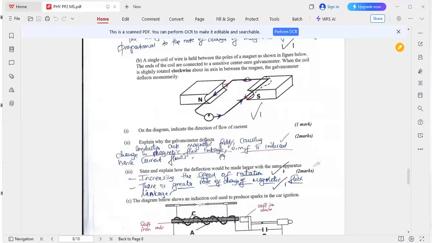That is a marking point. Change in magnetic flux causing an induction of an EMF. An EMF is induced. So when an EMF is induced, it causes a current to flow. So the conductor cuts a magnetic field, causing a change in magnetic flux linkage that produces an EMF, causing a current to flow. It's an EMF induced that causes a current to flow.